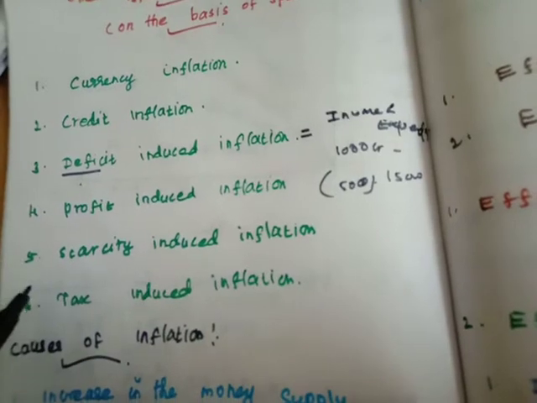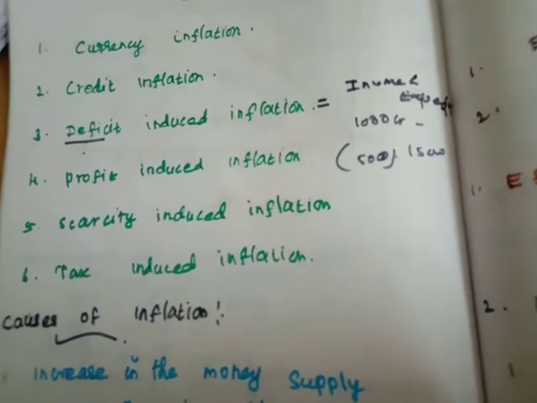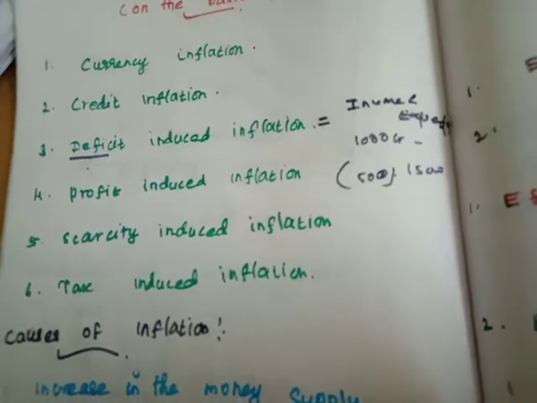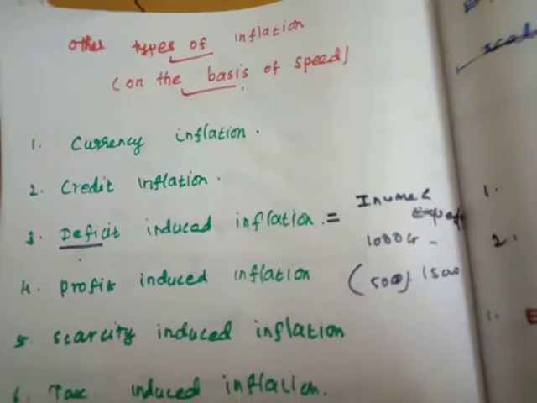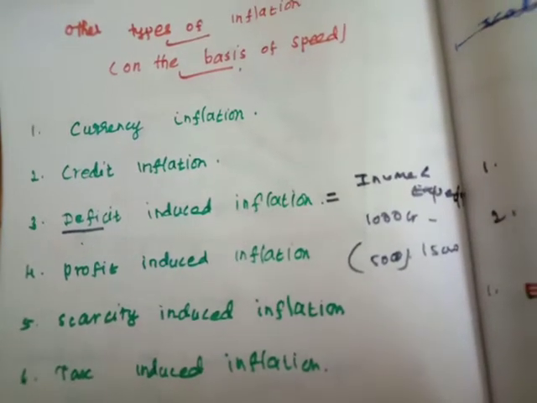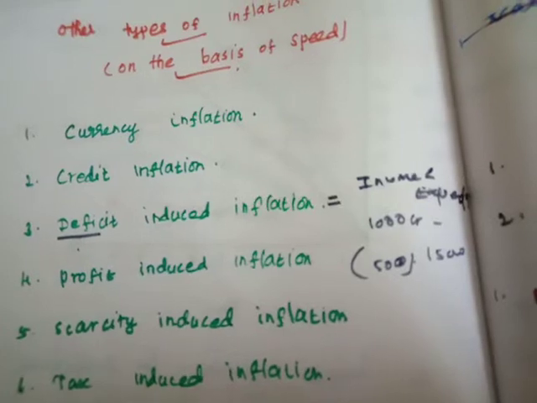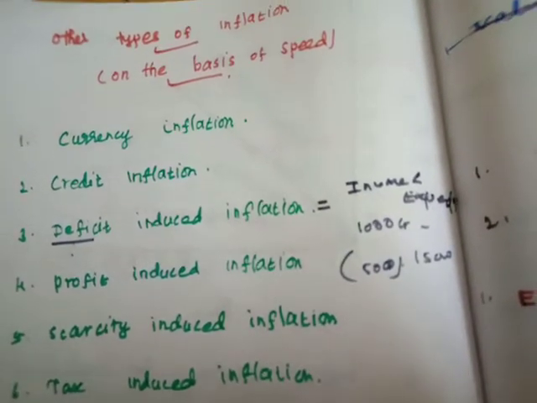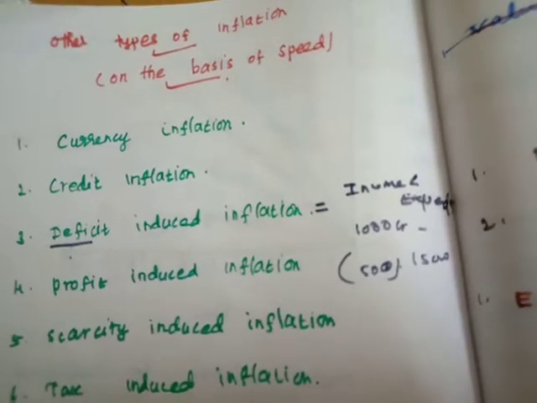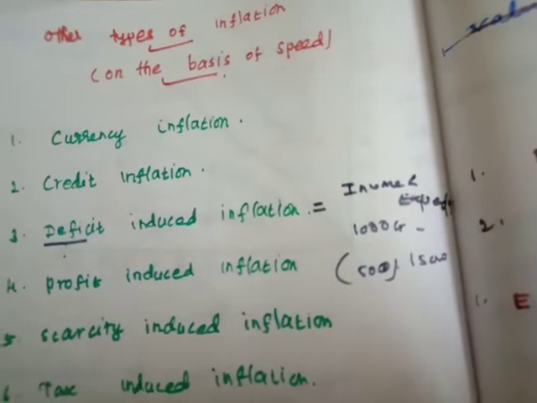And the sixth one is tax-induced inflation. An increase in indirect taxes like excise duty, customs duty and sales tax may lead to a rise in price. For example, petrol and diesel. Now the whole of India is affected by the increase of the petrol price. How is the petrol price fixed in India?